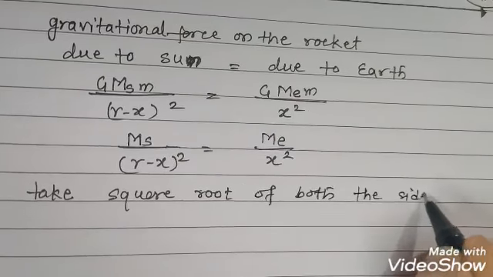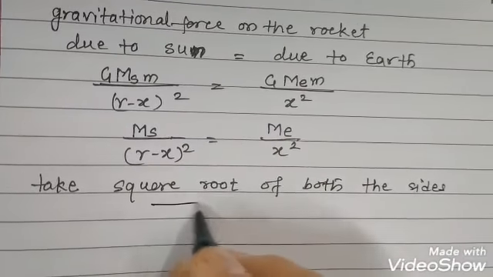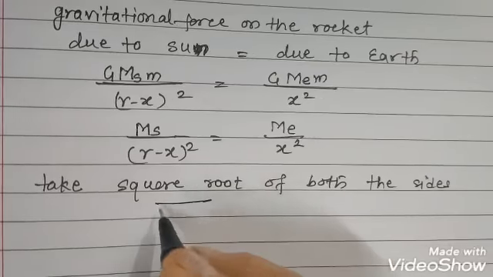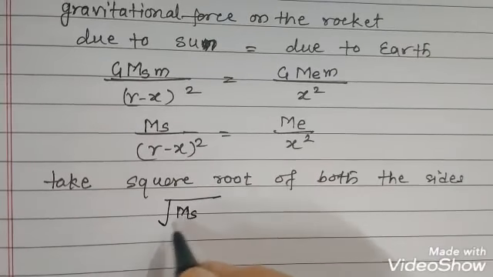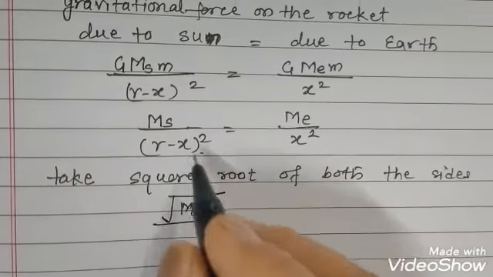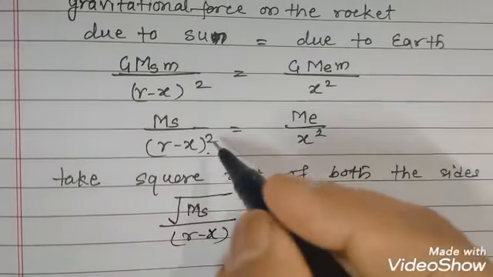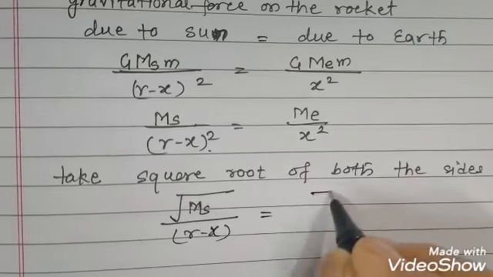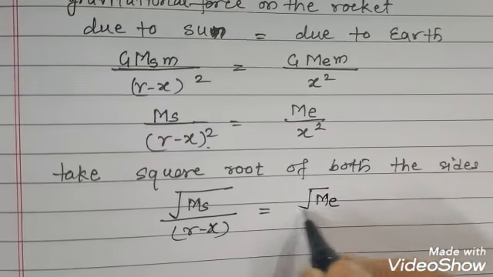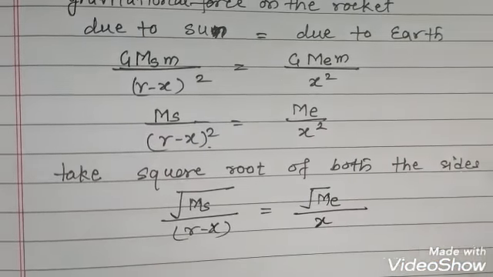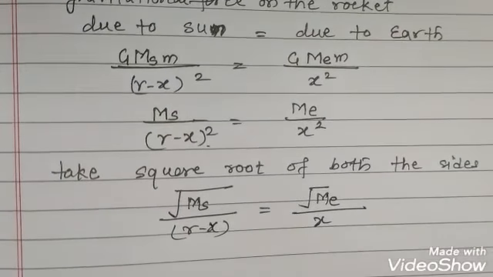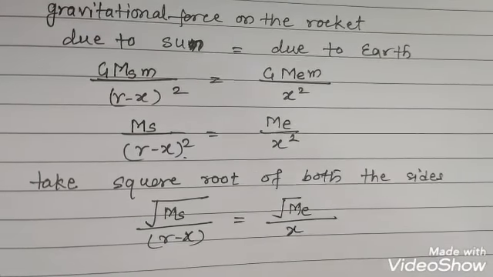This is Ms, the mass of the sun, r minus x will be out of the square root, square and square root would be cancelled. This is Me, and here this is also x square, so square and root would be cancelled.